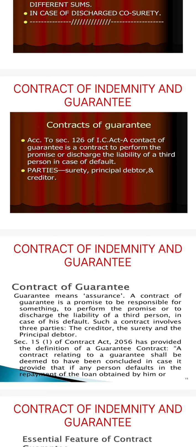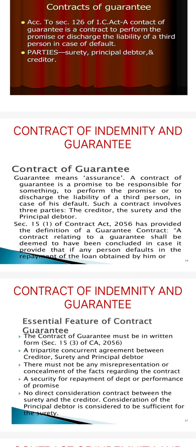Next, contract of guarantee. According to section 126 of Indian Contract Act, a contract of guarantee is a contract to perform the promise or discharge the liability of a third person in case of default. Parties involved in contract of guarantee: surety, principal debtor, and creditor.